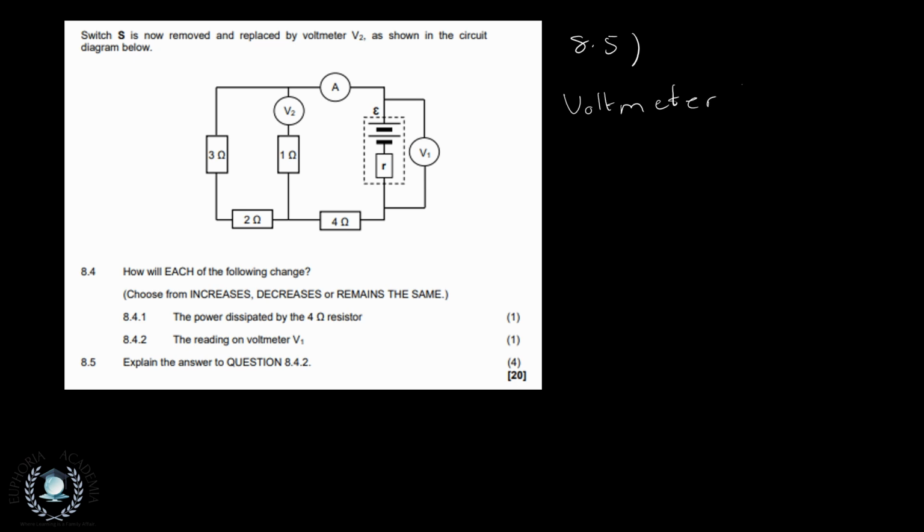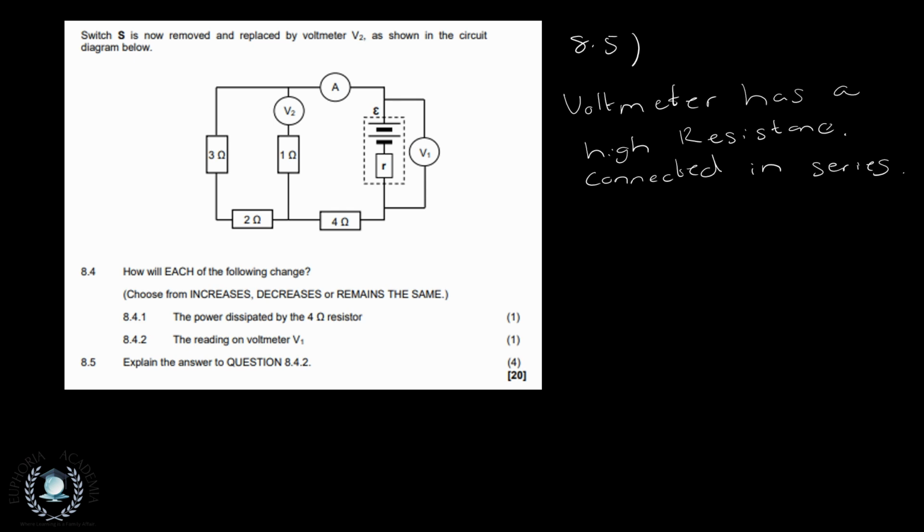The voltmeter has a high resistance, right? And in this case, it is connected in series to the 1 ohm resistor.